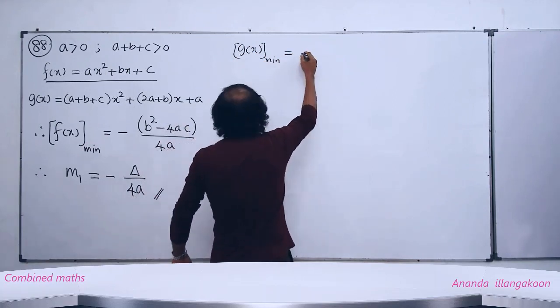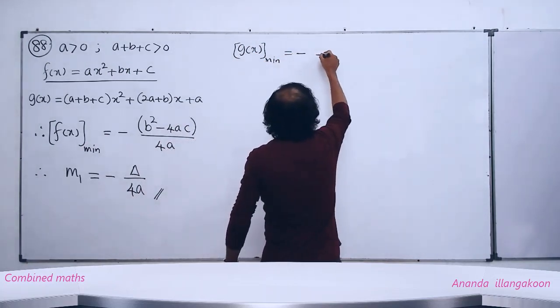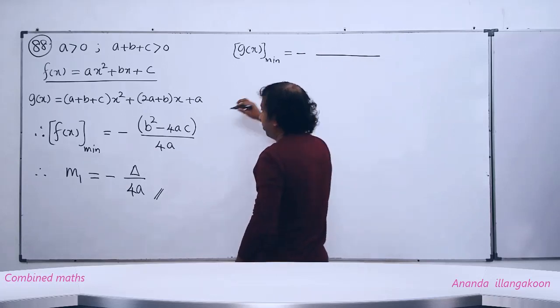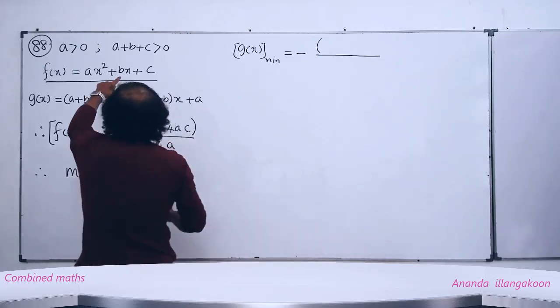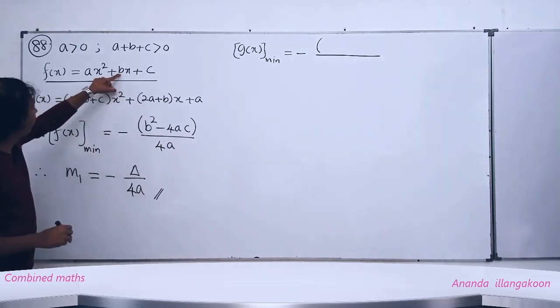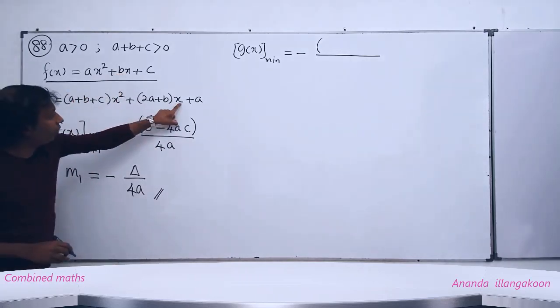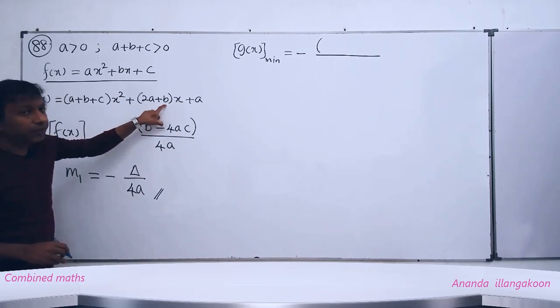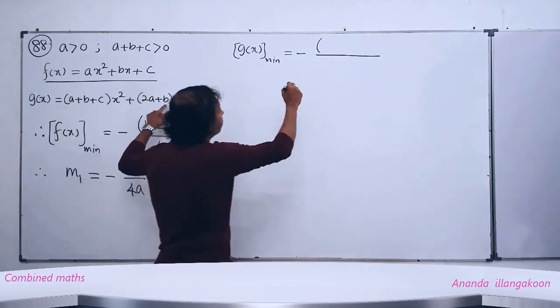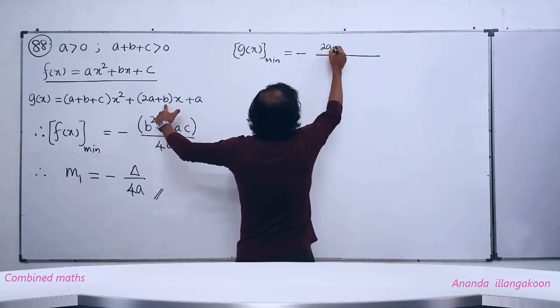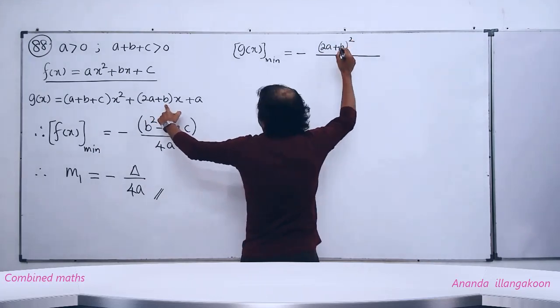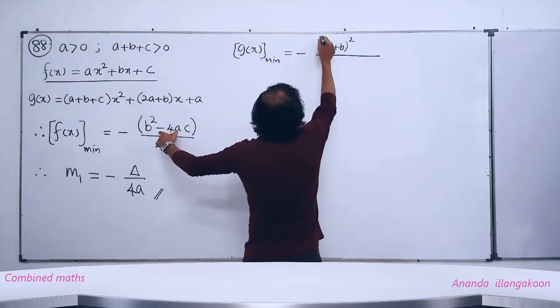g(x) minimum. The minus sign we have to keep here. Right, this one. b squared. b means the x coefficient. In g(x), the x coefficient is 2a plus b. Then (2a plus b) perfect squared. We have to put the bracket like this.